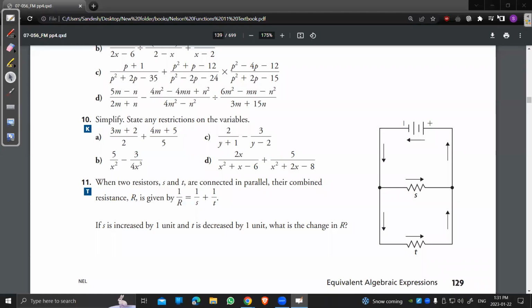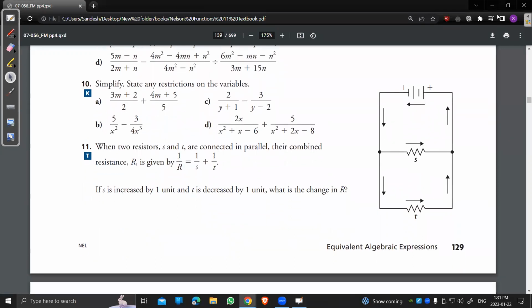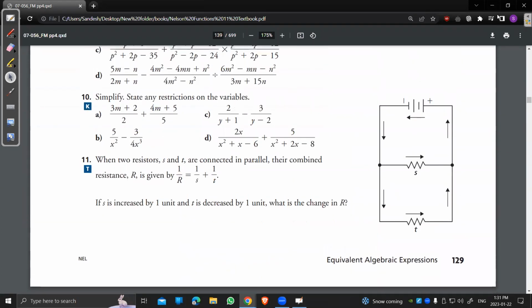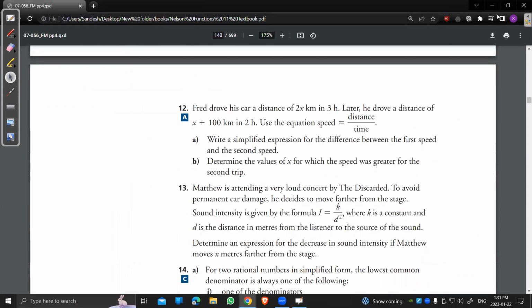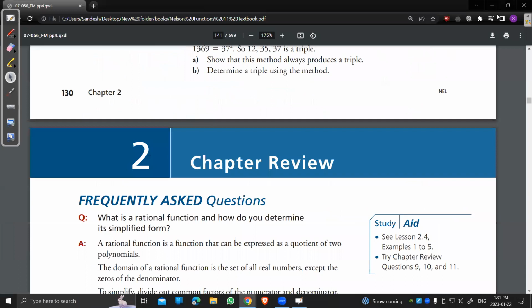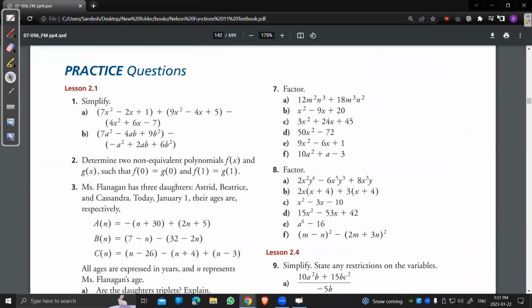So don't worry too much about it, but it's fun. You're going to hate this when you have to learn it because you need to find the net current or the net voltage. Voltage is just another word for battery in a system, and it can get pretty annoying pretty quickly.